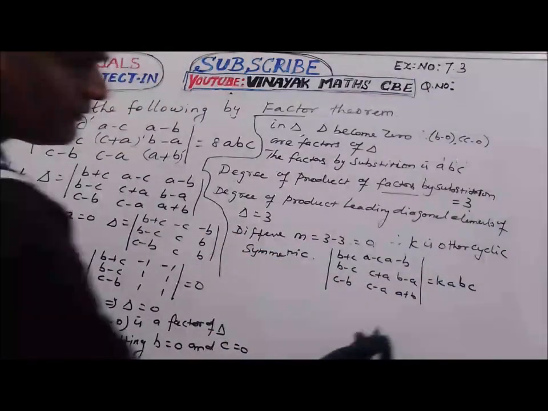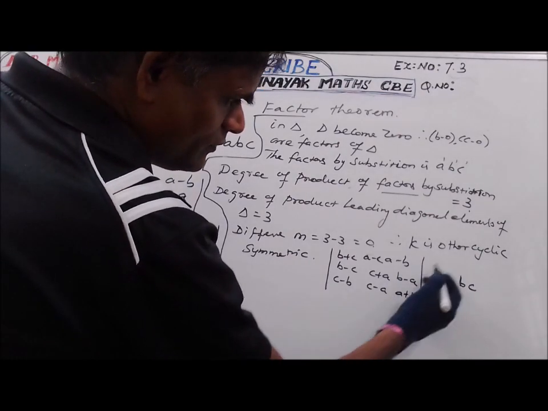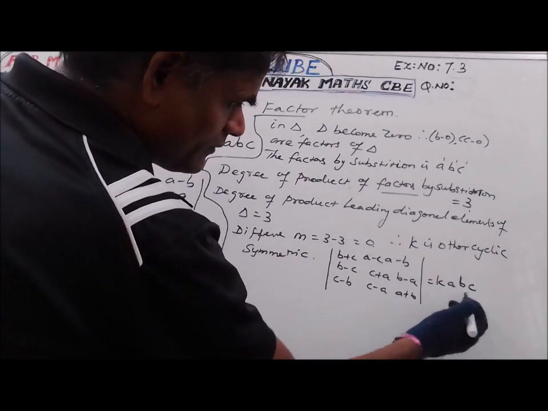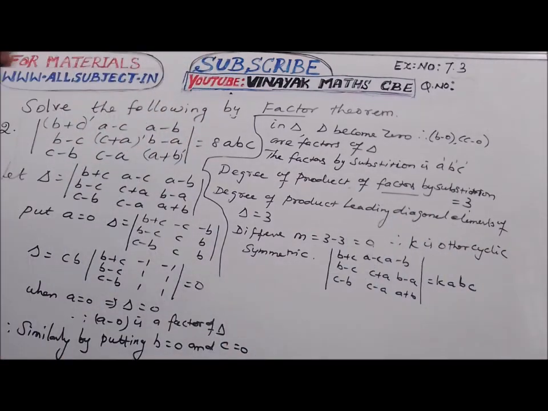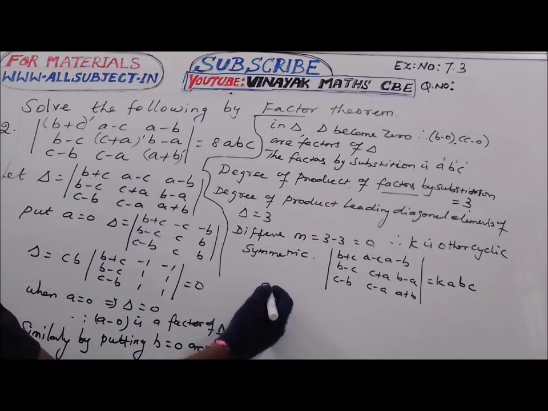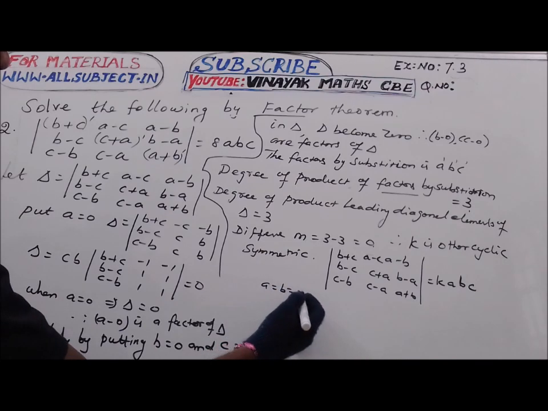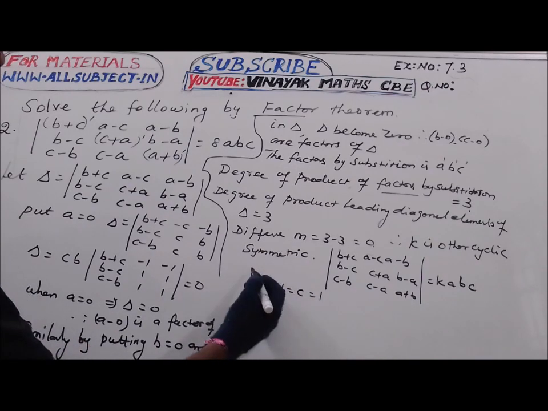So when substituting values for A, B, C, we should find the value of K without vanishing K. So I have chosen A equal to B equal to C equal to 1 here.